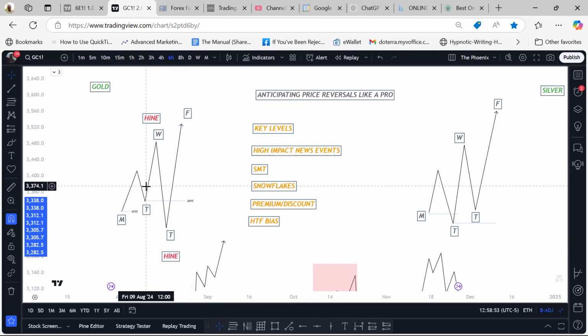All right, so in terms of what we are looking for and what criteria we need to even be looking for a trade, we want to be trading on the days where we have high impact news events. That's what the HINE means. Those are news drivers that help to propel price towards our targets even faster and with more confidence, right?